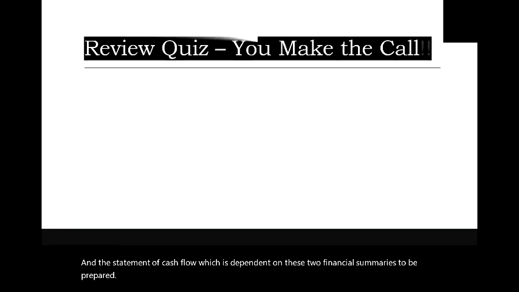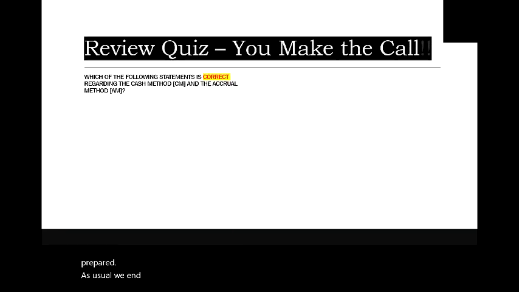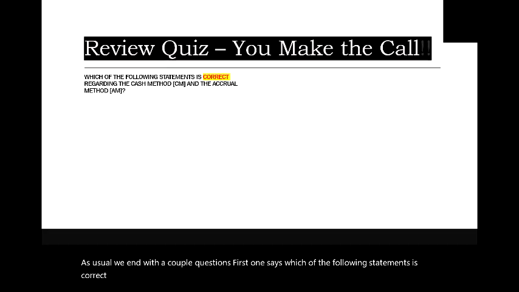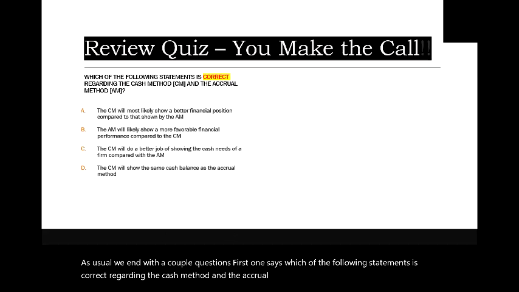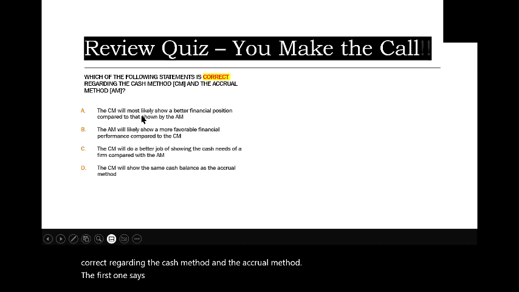As usual, we end with a couple questions. First one says, which of the following statements is correct regarding the cash method and the accrual method? The first one says the cash method will most likely show a better financial position compared to that shown by the accrual method.